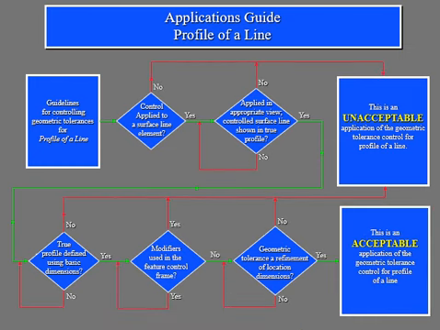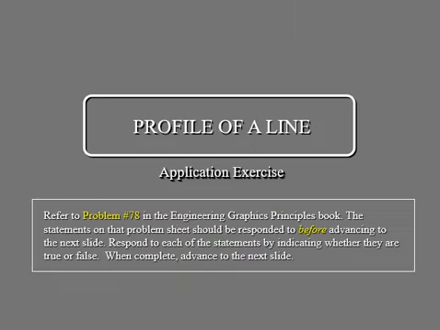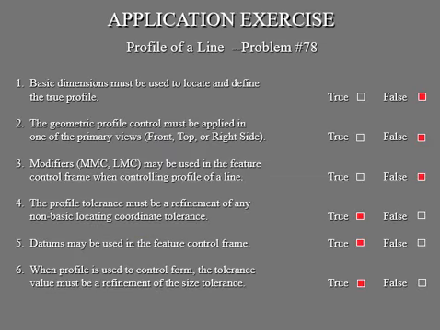So this is what we do to decide whether the application of that tolerance for that line profile is acceptable or not. Then we'll get into the application exercise, problem number 78 in your textbook. And here is the answer. Make sure you don't copy it. Make sure you study with it.